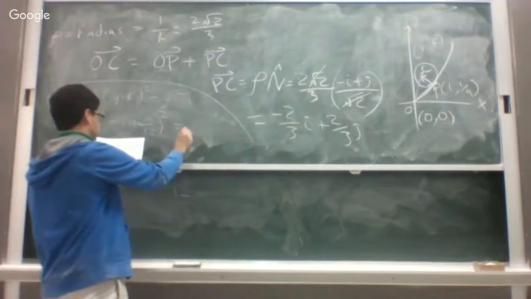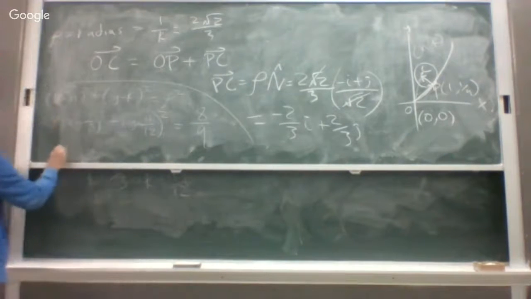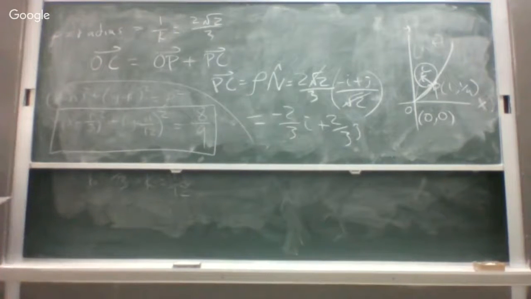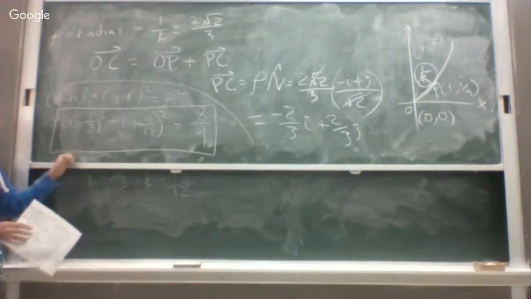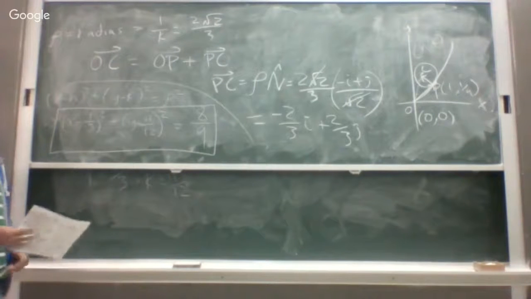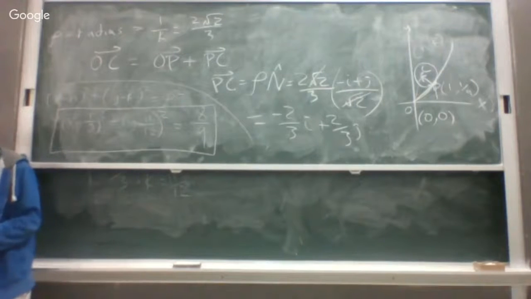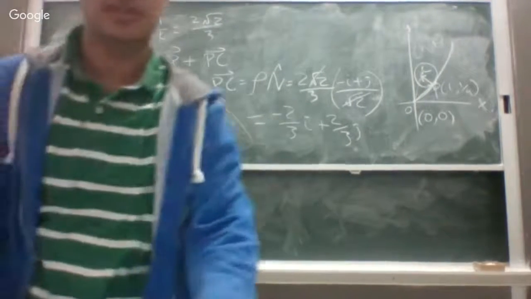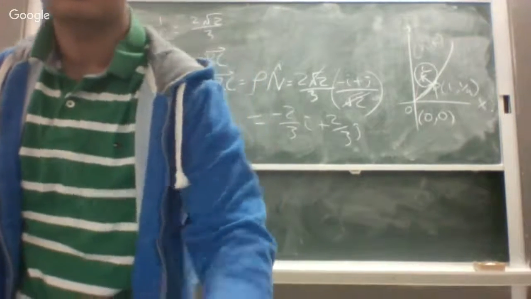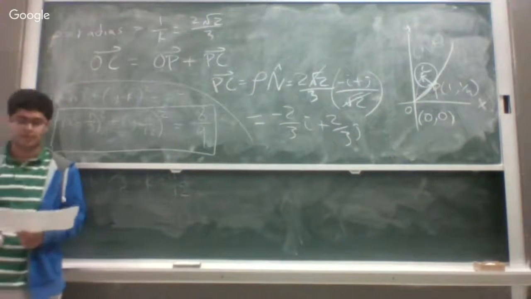If we square that, we get 8/9. So this would be our equation for the circle. Did this all make sense? It's very logical in this way, but you will definitely have a problem like that.